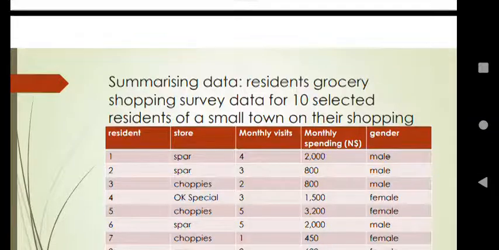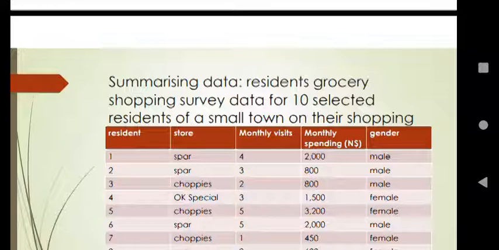Let us look at the example where we have residents' grocery shopping survey data for 10 selected residents of a small town on their shopping habits, and it is given here.